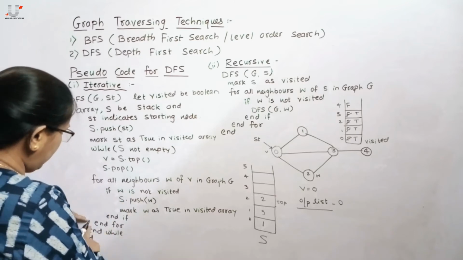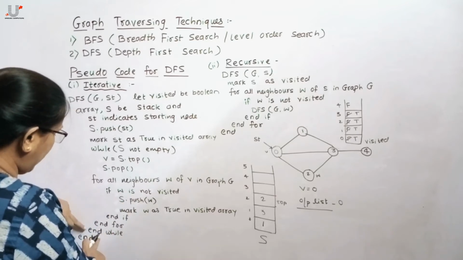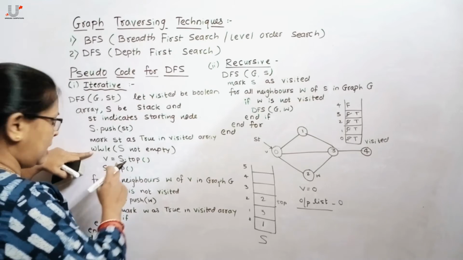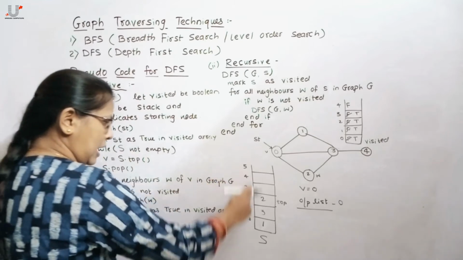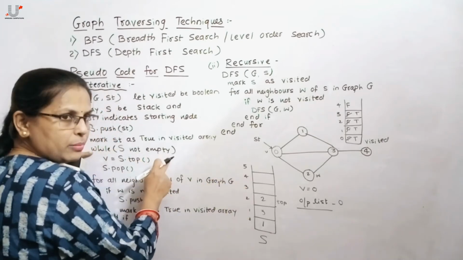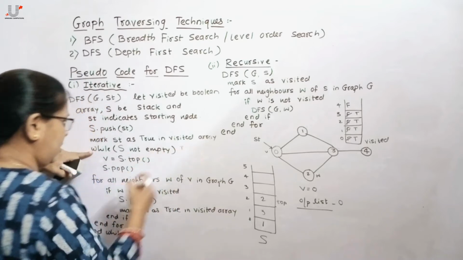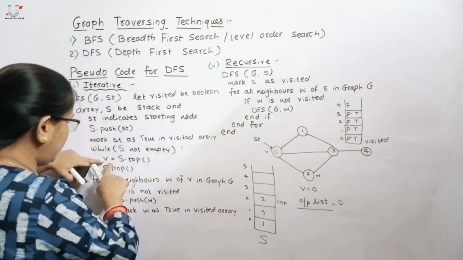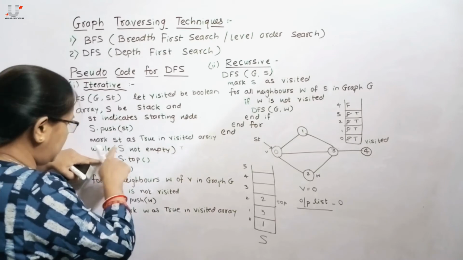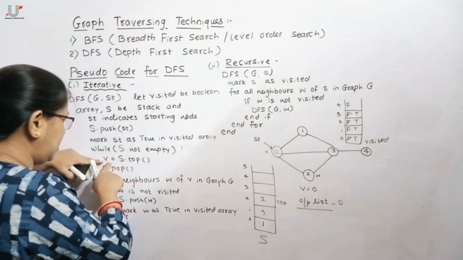So it will terminate the for loop and move to the while loop. As the stack is currently not empty, the condition is true. Once the condition is true, it will move into the loop.